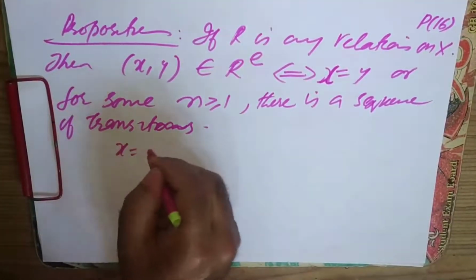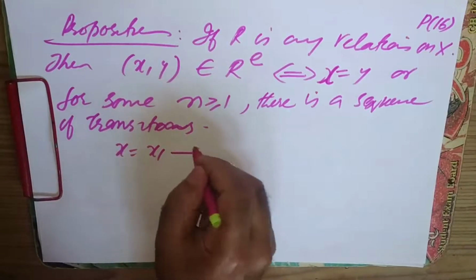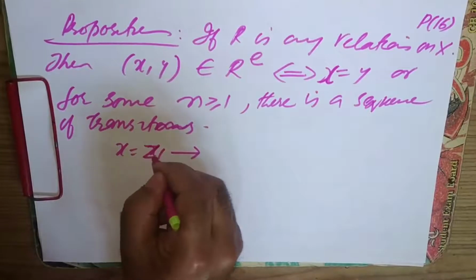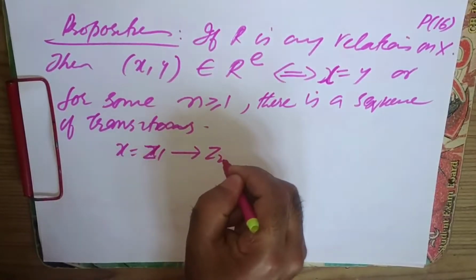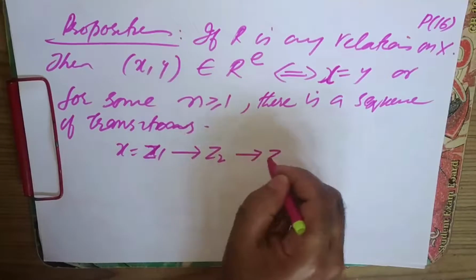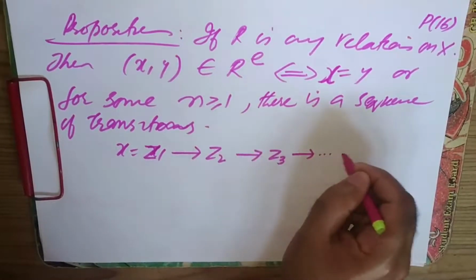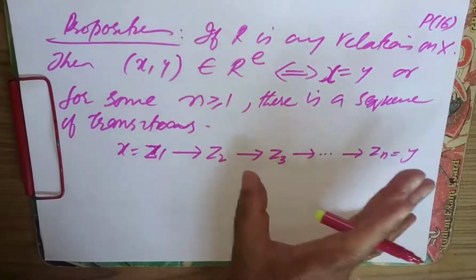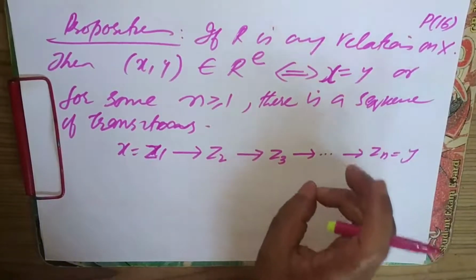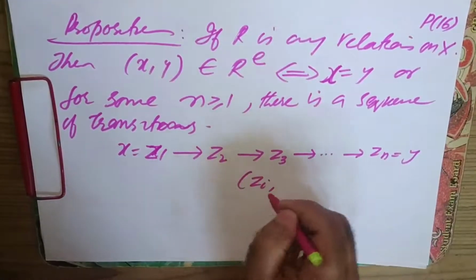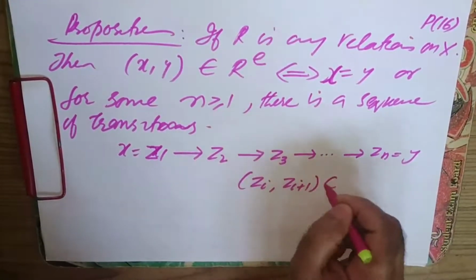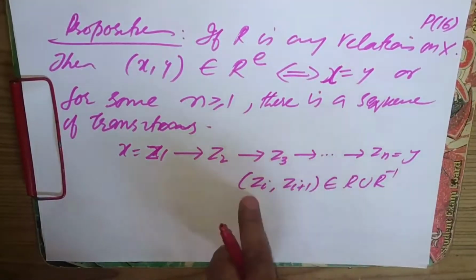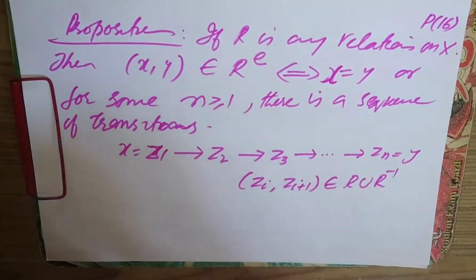What is that? x equal to z1, transition to z2, transition to z3, continue this transition, and at the n-th stage we have zn, which is equal to y. This transition means that (zi, zi+1) belongs to R union R inverse: either (zi, zi+1) belongs to R, or it belongs to R inverse.